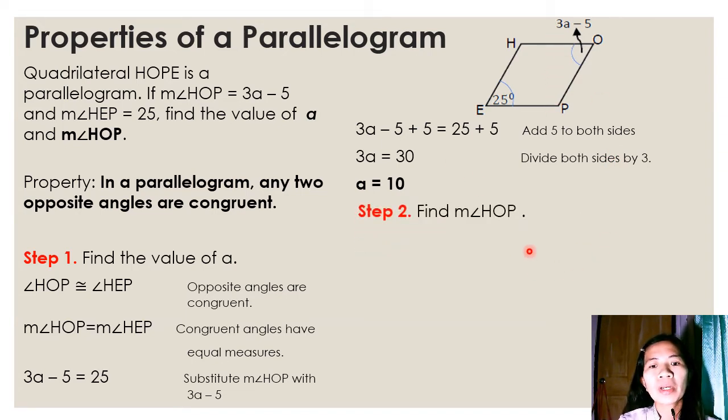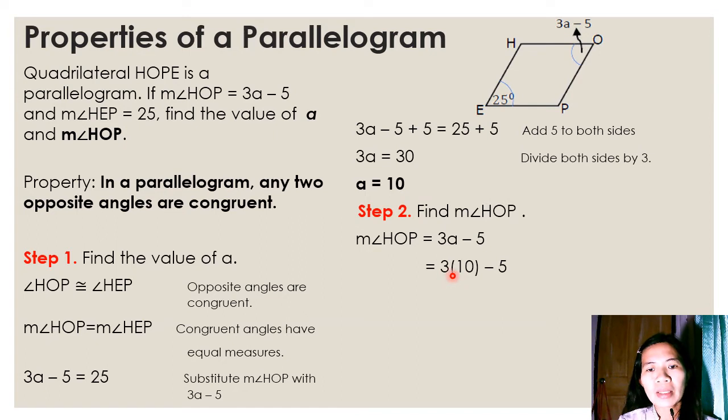Then we are going to solve for the measure of angle HOP. Given here, measure of angle HOP is equal to 3A minus 5. Then we will substitute the value of A, which is 10.